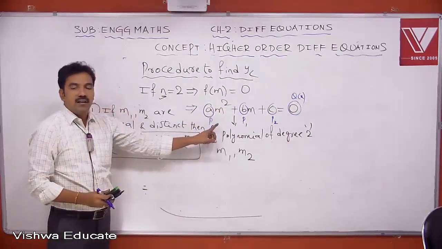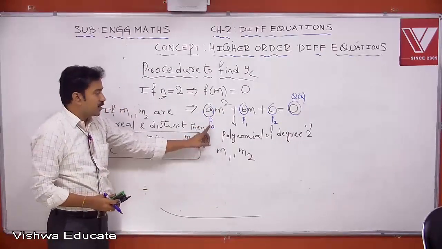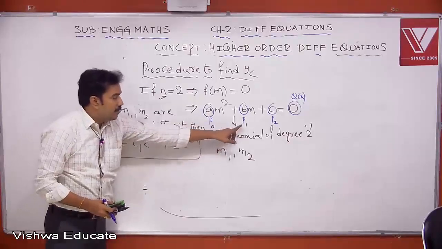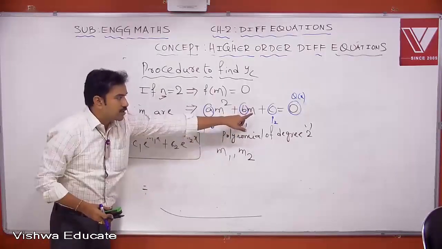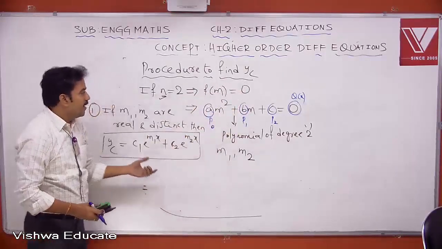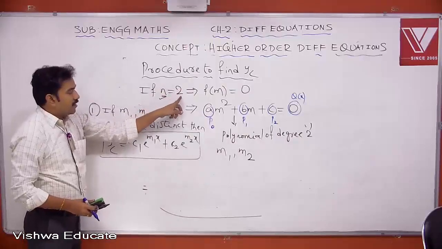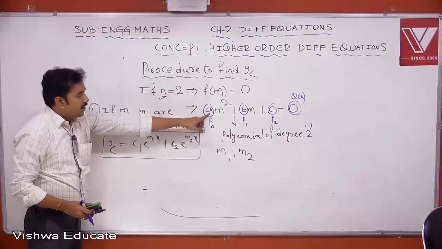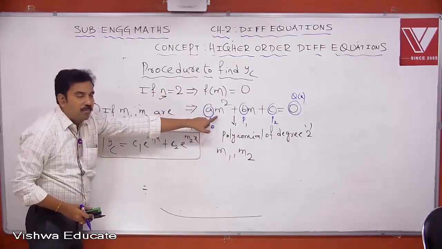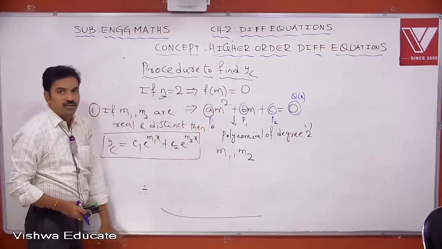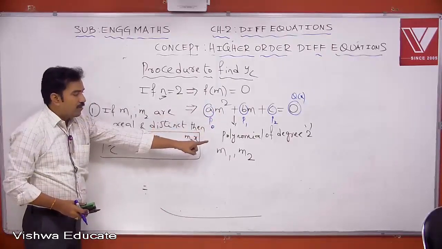Since we are dealing with linear equations with constant coefficients, p naught is constant a, p1 is constant b, p2 is constant c, and the right side is 0. So when you are working with the second order equation, my auxiliary equation will be in the form am square plus bm plus c equal to 0, which is a polynomial of degree 2.